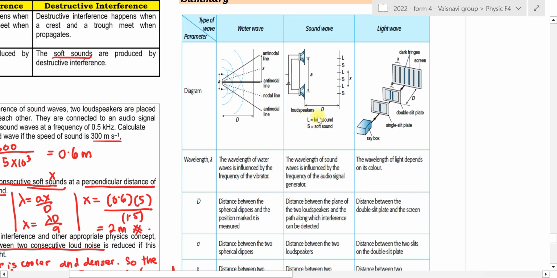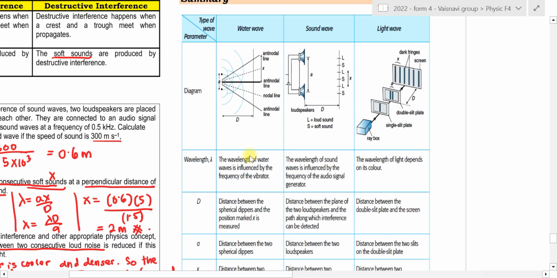Untuk sound wave punya eksperimen, konstruktif dia adalah loud sound, destruktif dia adalah soft sound. Okay. Untuk light wave, bright fringe adalah konstruktif, dark fringe adalah destruktif. Tengok dia kena diffract dulu tengok betul-betul. Dia tak terus pancar macam tu dia kena diffract dulu guna single slit. Lepas tu baru guna double slit, baru dapat interference pattern macam ni.